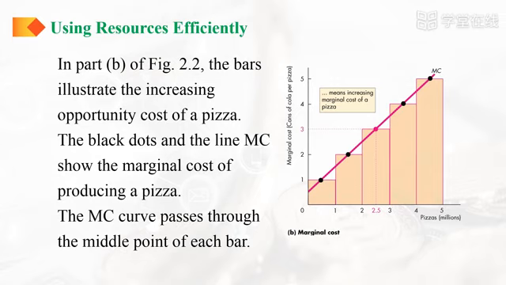Focus on the third million pizzas, the move from C to D in Part A. Over this range, because 1 million pizzas cost 3 million cans of Coke, one of these pizzas, on average, costs 3 cans of Coke, the height of the bar in Part B.